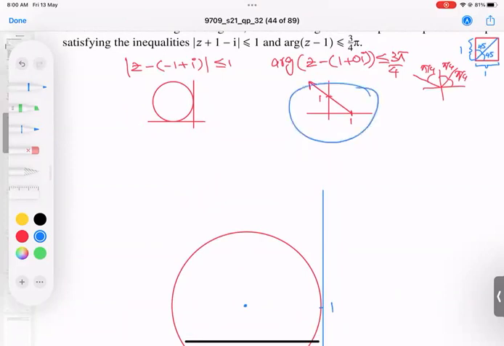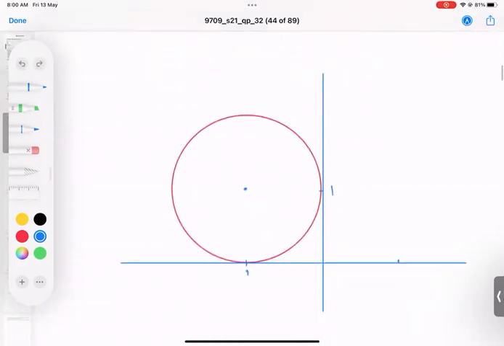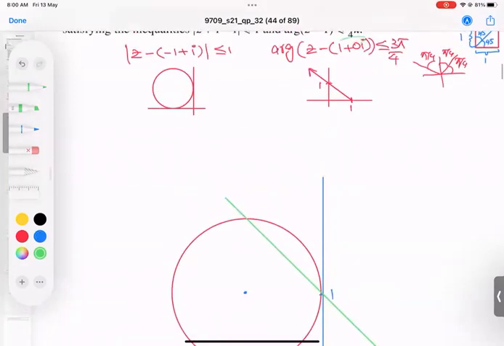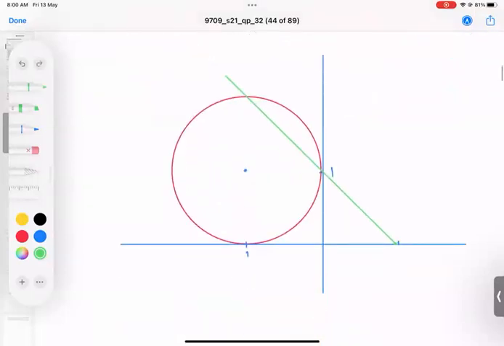I'm going to make a ray. So how to make a ray? The ray will start, I will make it in a different color. The ray will start from here and will go through this point this way. Now you may be surprised, because you know the starting point is this one, and this is the same because it's 45 degrees. This is 3 times 45 degrees, or 3 by 4, same thing.